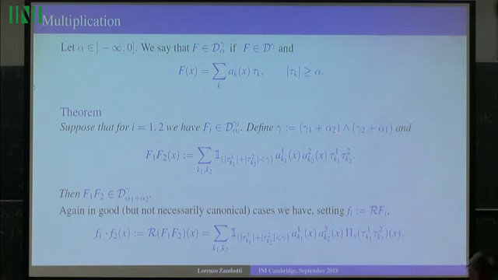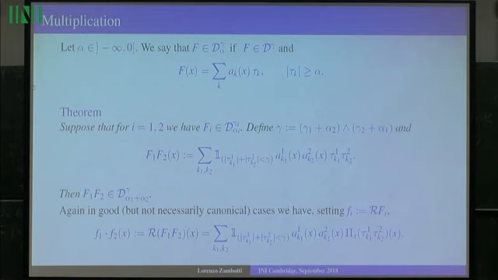So in principle, this is less than gamma 1 inf gamma 2. Then you define f1 f2 of x as the pointwise multiplication of the two objects, but you truncate at level gamma, so you throw away anything of homogeneity greater than gamma. And then there is a small theorem that says that f1 f2 belongs to D gamma alpha 1 plus alpha 2.